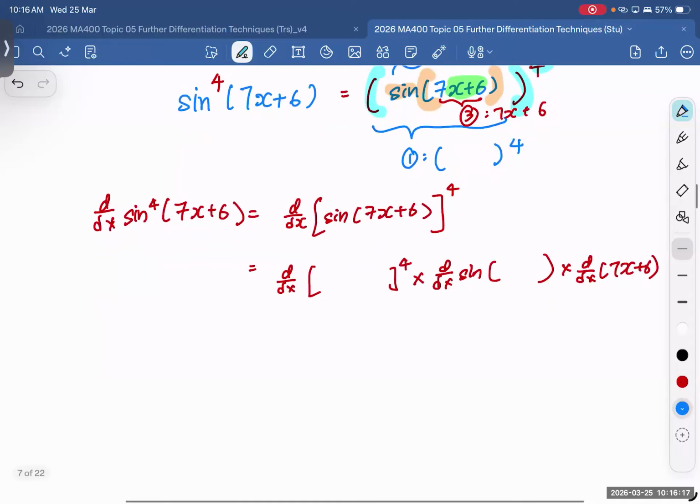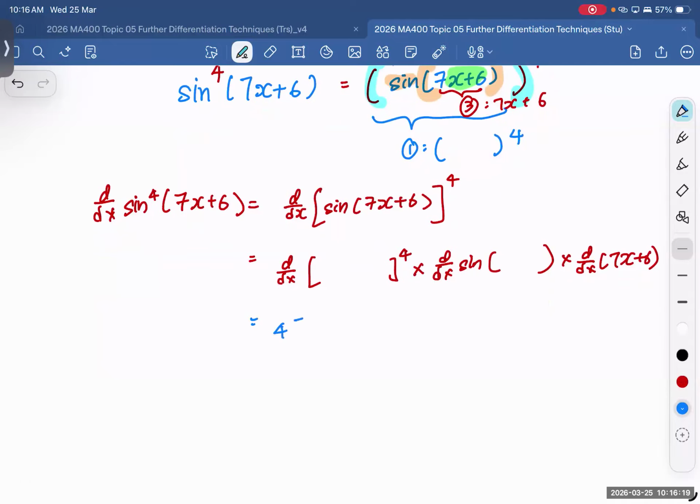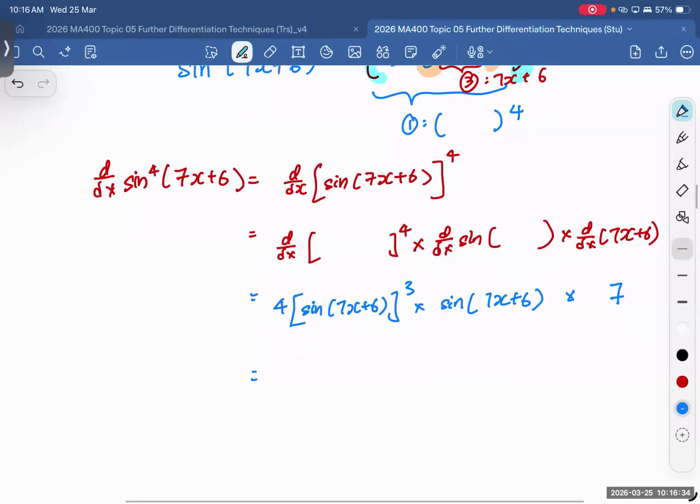I hope you all can see. Now the answer will just be 4 times sine 7x plus 6 to the power 3, times the derivative of sine, times 7. Whenever I see constants 4 and 7, I will put them together, this is 28.